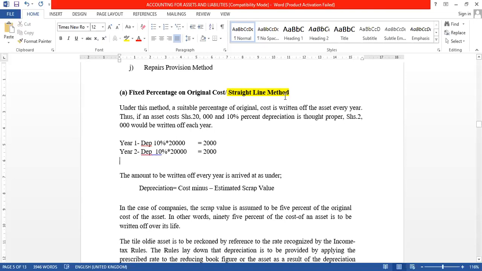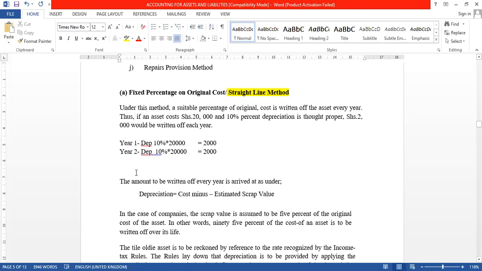So this is a straight line. You apply the same percentage throughout the period, which means the value of that asset will be reducing by 2,000 every year. And therefore, you'll have something like this in your balance sheet.